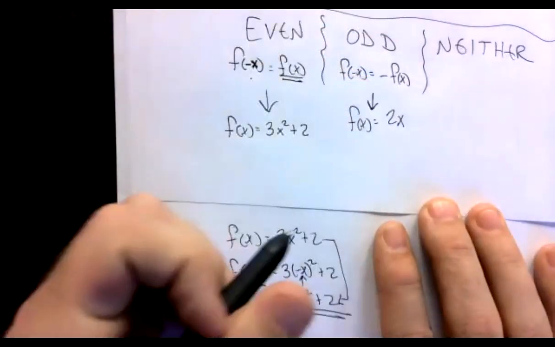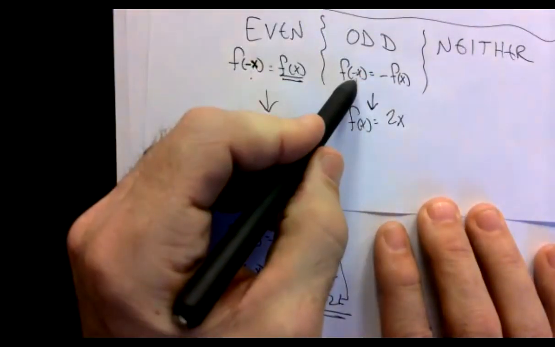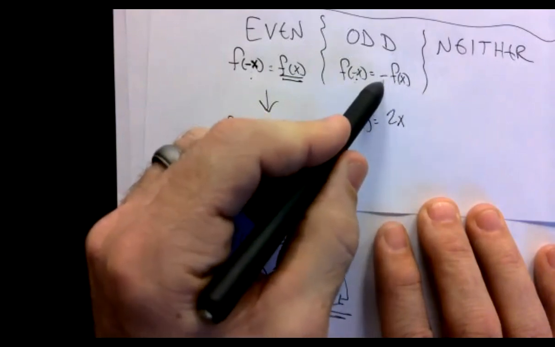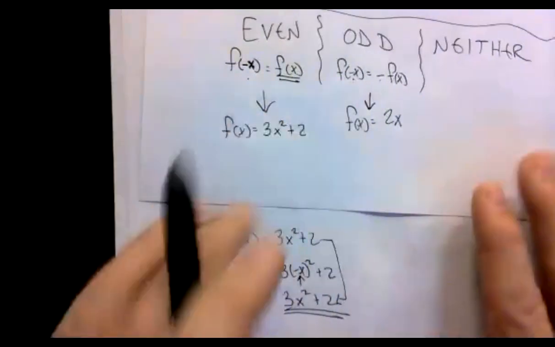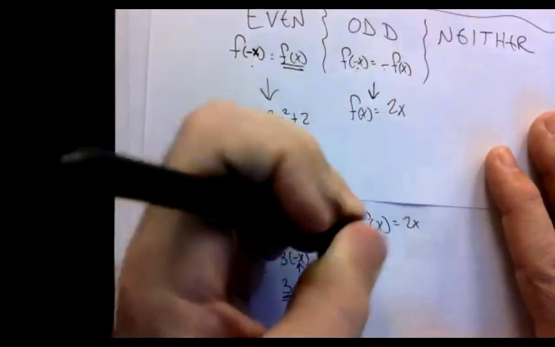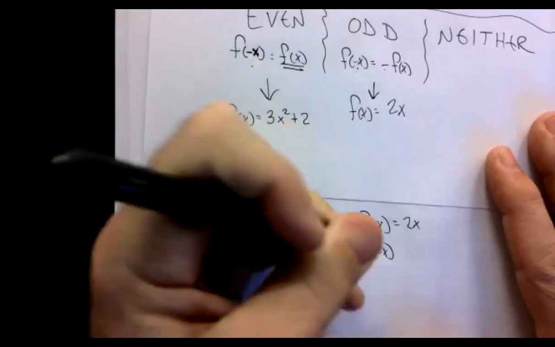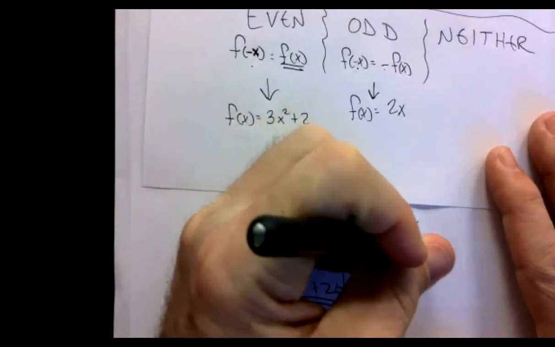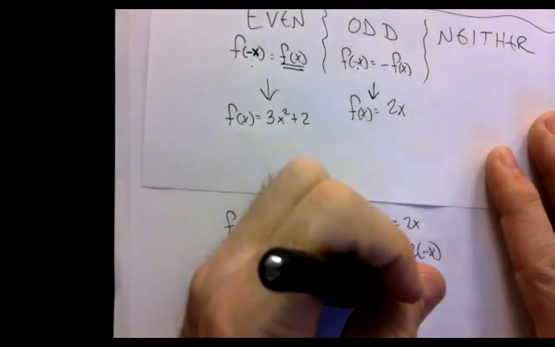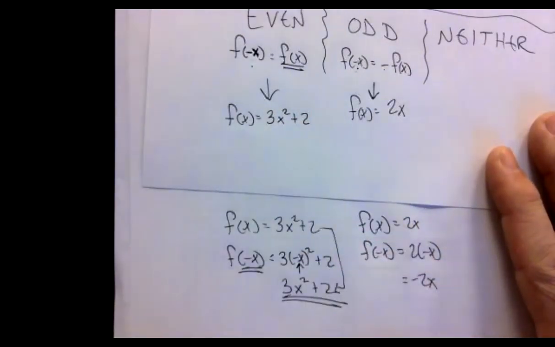If I plug in a negative x, but I end up with the completely opposite, the same function with a different sign, say f of x equals 2x, if I plug in negative x, 2 times negative x is negative 2x.